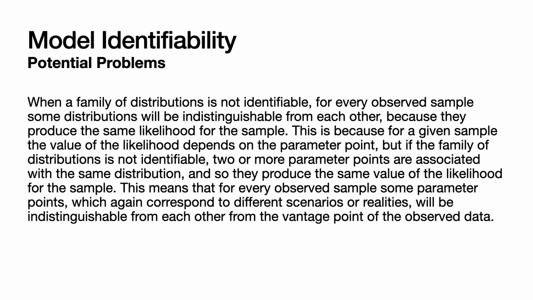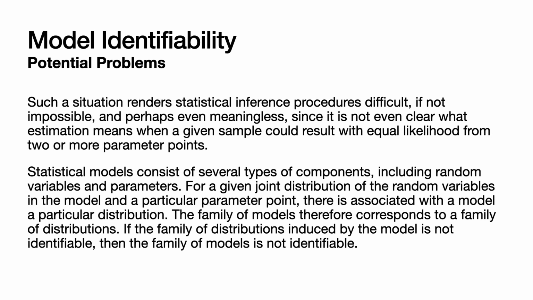This means that for every observed sample, some parameter points, which again correspond to different scenarios or realities, will be indistinguishable from each other from the vantage point of the observed data. Such a situation renders statistical inference procedures difficult, if not impossible, and perhaps even meaningless, since it's not even clear what estimation means when a given sample could result with equal likelihood from two or more parameter points.